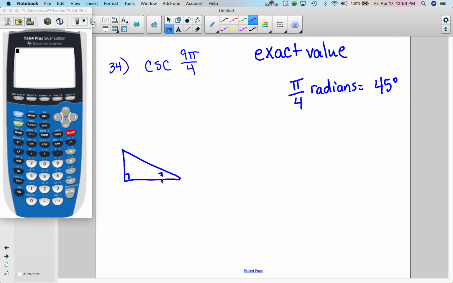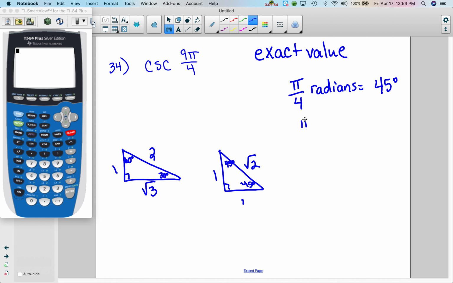So this was 30, 60, and remember we had 1, 2, square root of 3 were our ratio of our sides, and then we had 45, 45, 90 triangles, and that was 1, 1, square root of 2. You got to know these triangles.